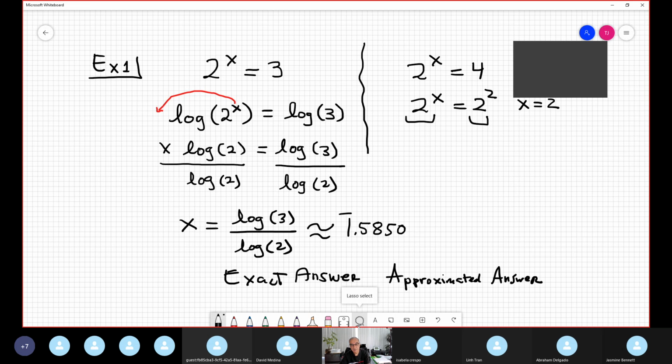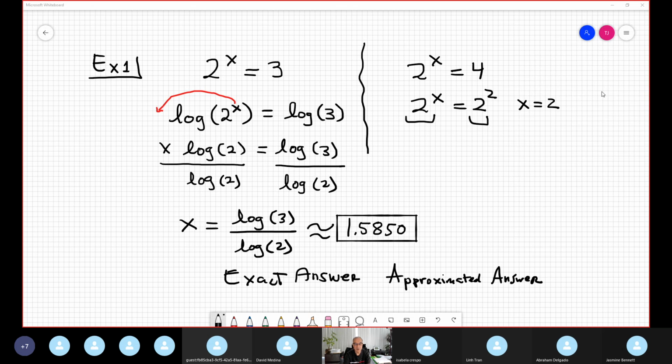Final answer. Everyone follow me? Everyone understand this very well? Okay, so remember, we have two kinds of exponential equations. The exponential equations we are solving using common base, and the exponential equations that we are solving using logarithms.